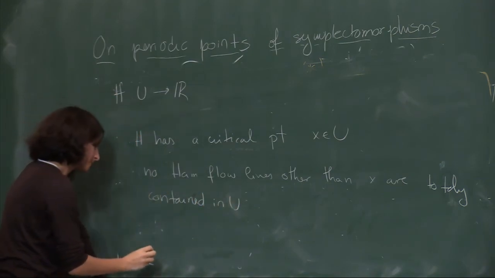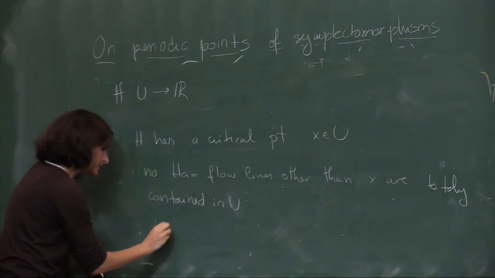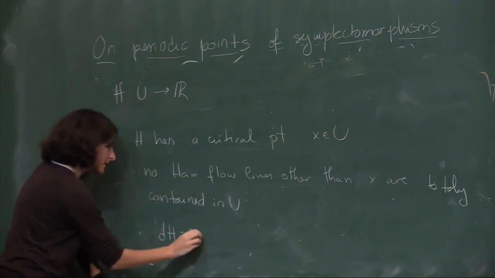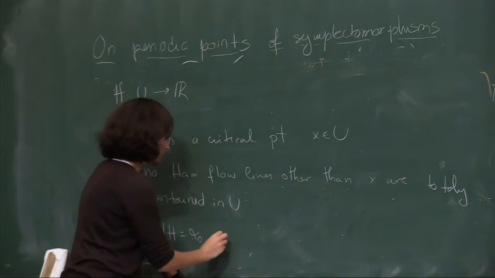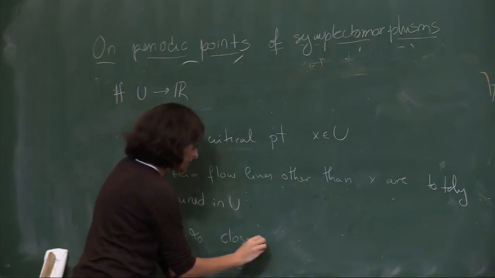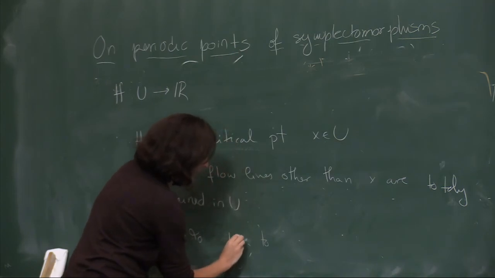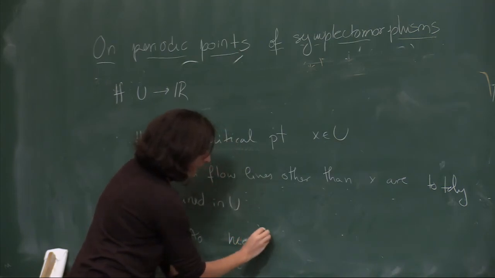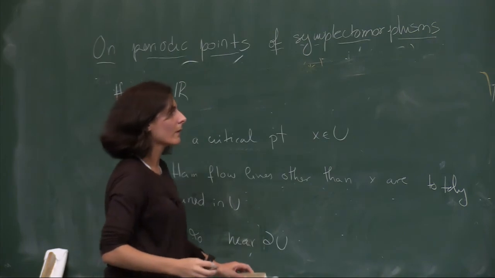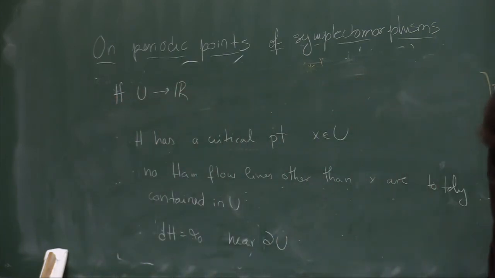And dH equals that one form alpha naught close to the boundary of U. So here's what's going on. You have that picture, and we change it.